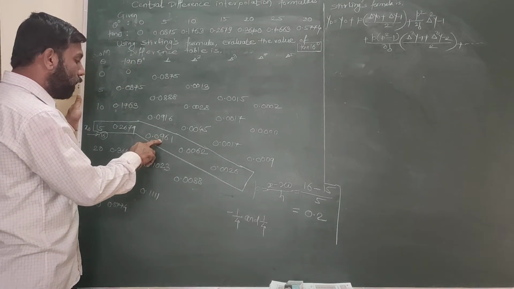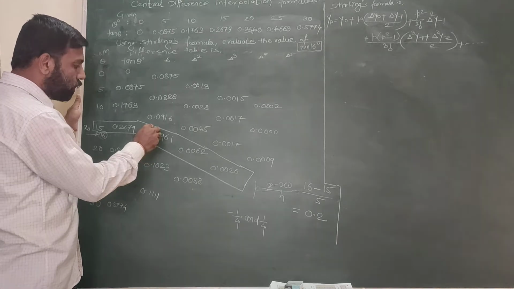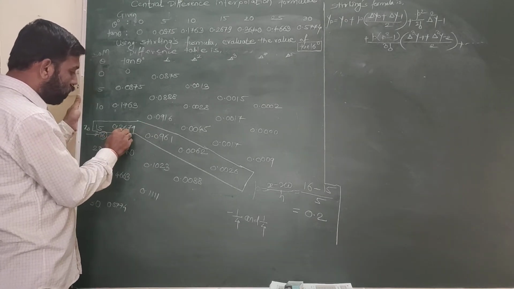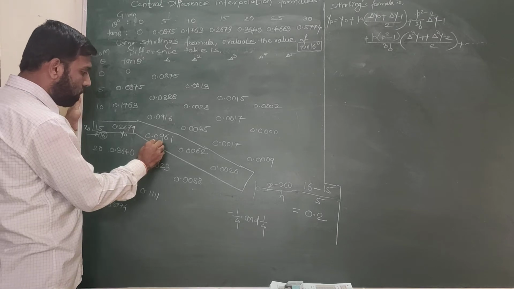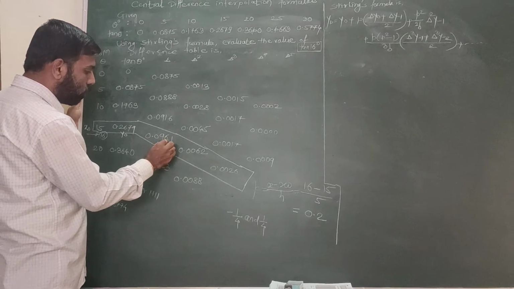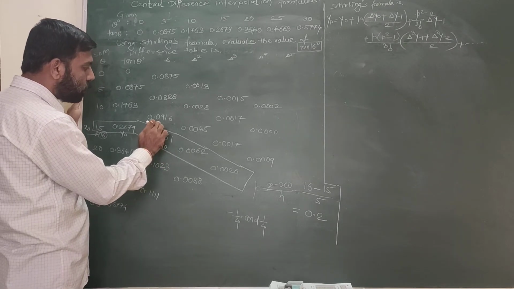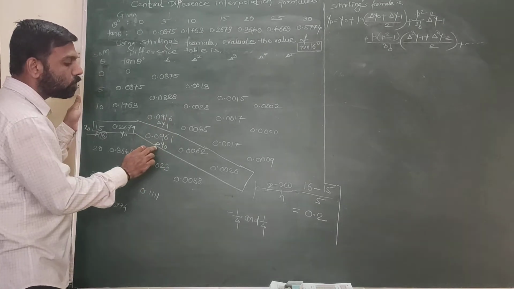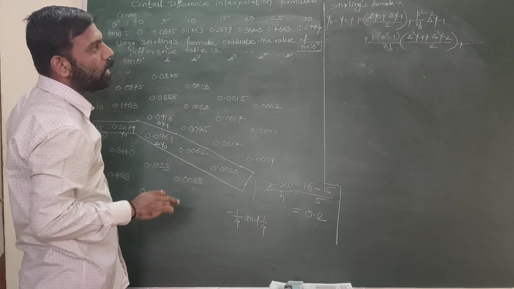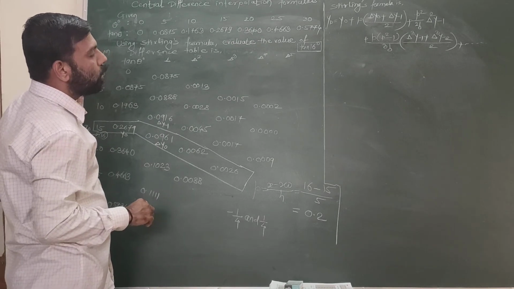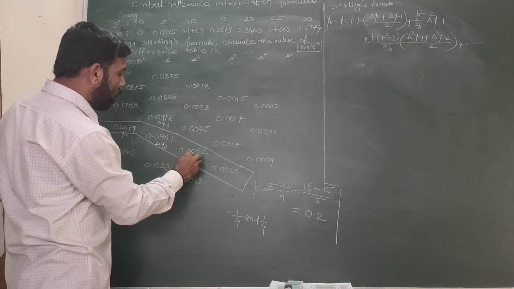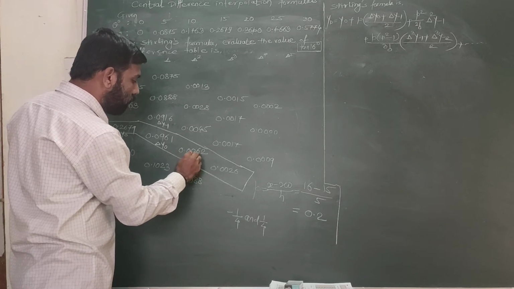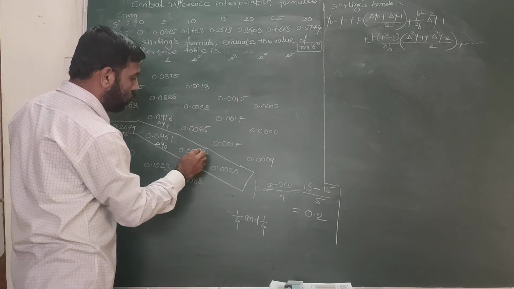Now for this value I am putting the notation here. This is y0, so this becomes delta of y0. Now its previous value is delta of y of minus 1. This we require in the second term. Now delta square y of minus 1, so this is delta square y of 0.